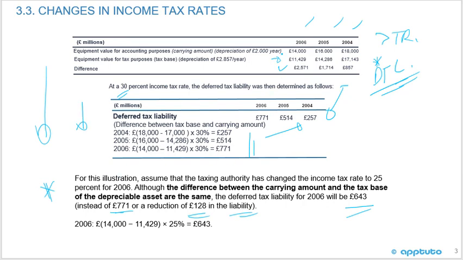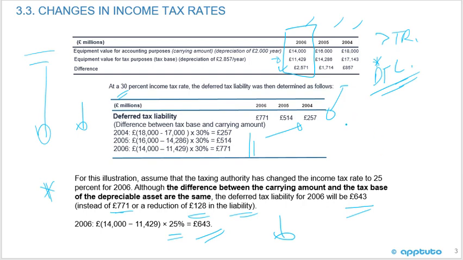So here you can see there's no change to the carrying amount of the assets with regards to accounting purposes or on the tax return. There's no change to the difference, but what we're doing here is we're taking our 2571 and multiplying it by the 25%, and our deferred tax liability has gone down to 643.